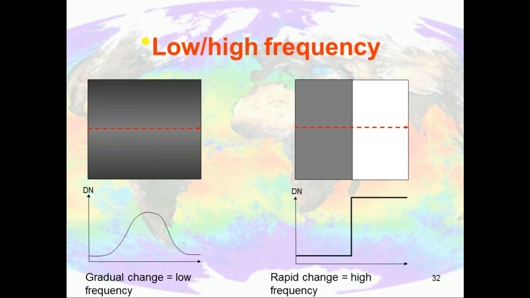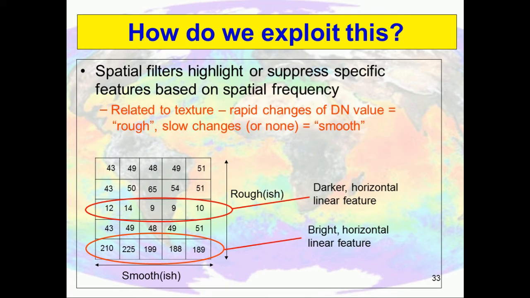If the frequency change is lower, it shows a smoother edge. So if you want to make the image sharper or smoother, you have to apply a spatial filter. It is related to texture. A rapid change in DN value means rough, and a slow change means smooth.